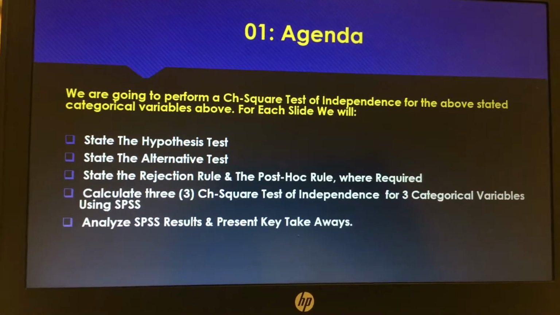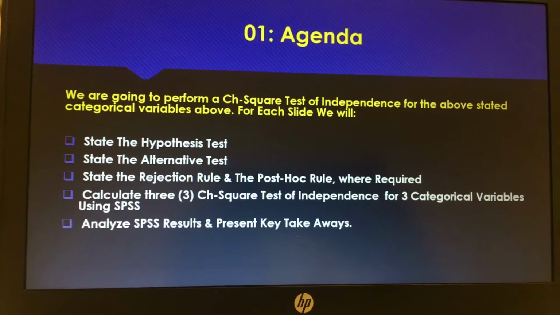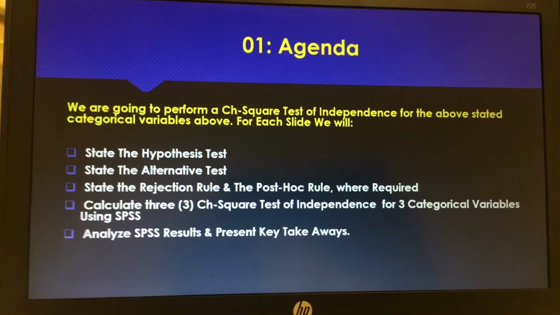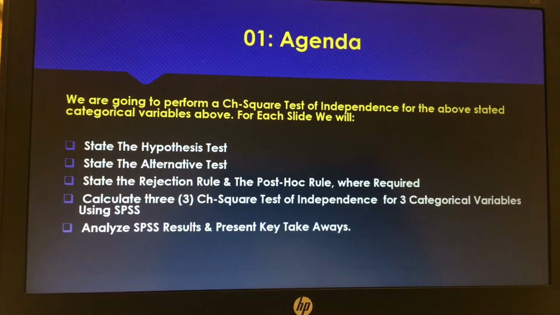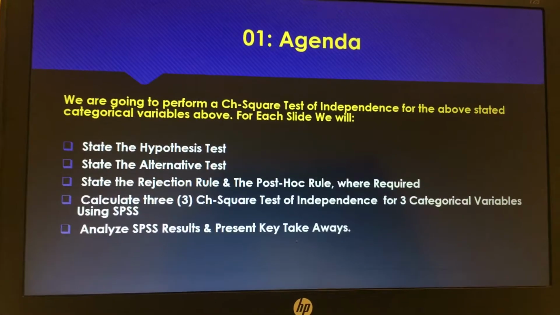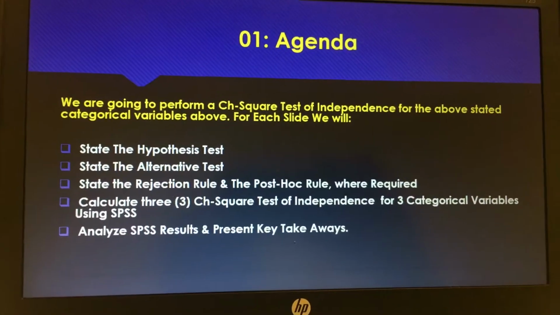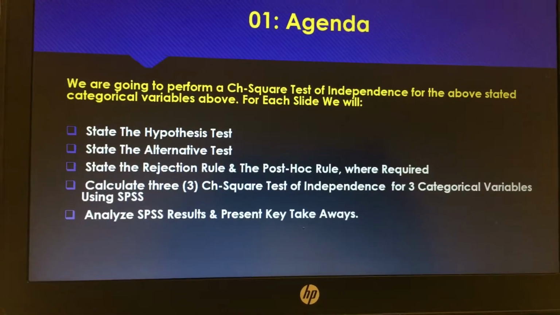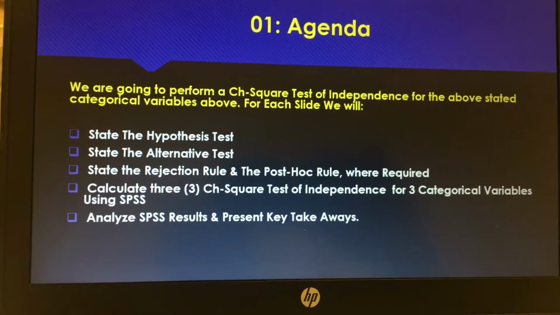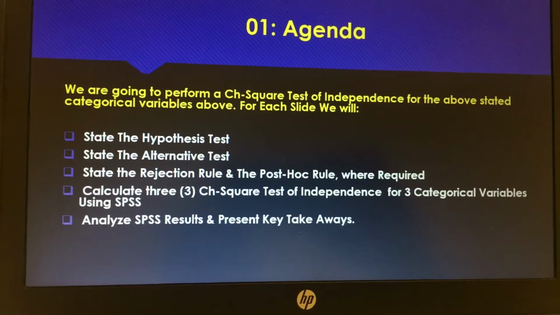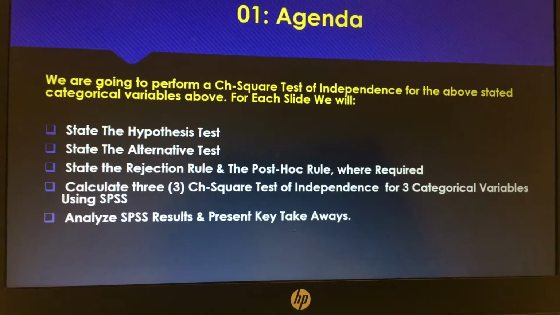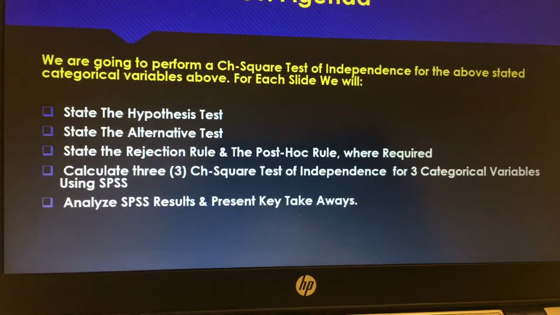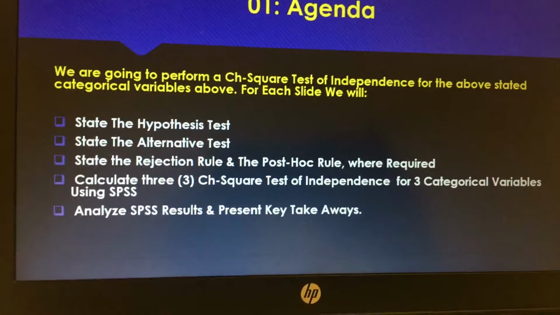And if there is a relationship between the two variables, you would want to know the strength of that relationship by performing a Cramer's V test. As usual, we would reject the null hypothesis if the p-value is less than 0.05. With that as background, I would very quickly run through the rest of the presentation.